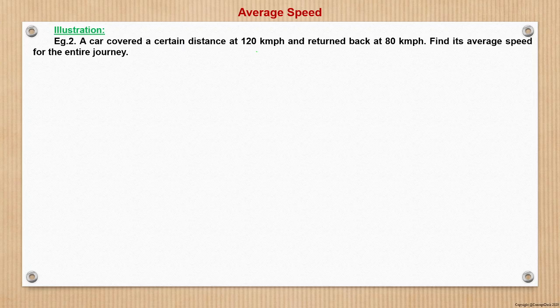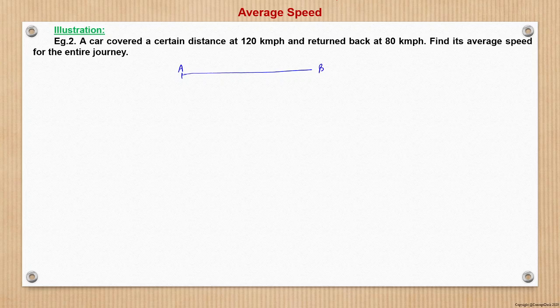a speed of 120 km per hour and returned back at 80 km per hour. Find its average speed for the entire journey. So now see, here the car goes, this is say a length AB, right?